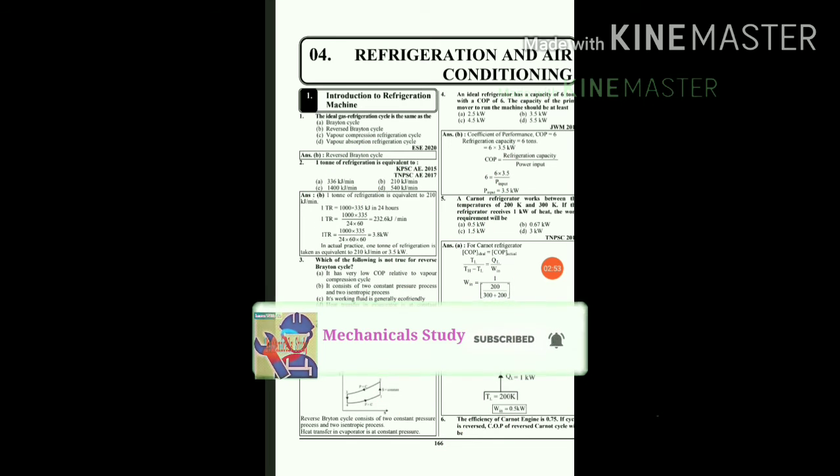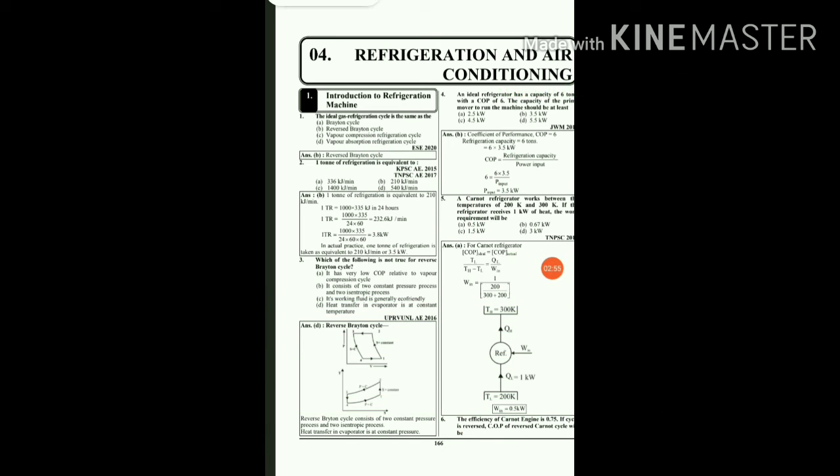Here the latent heat of ice is 335 kilojoule per kg.